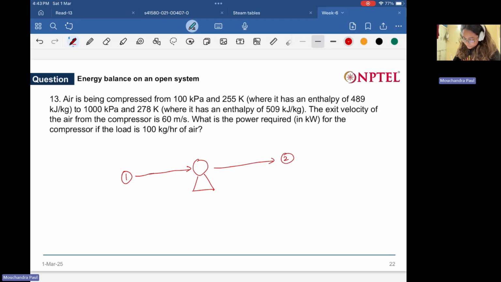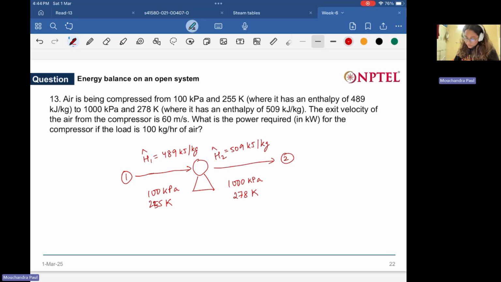When it is entering at 100 kilopascal and 255 Kelvin, the specific enthalpy was 489 kilojoule per kg. It is compressed to 1000 kilopascal at a temperature of 278 Kelvin. Now the final specific enthalpy becomes 509 kilojoule per kg.